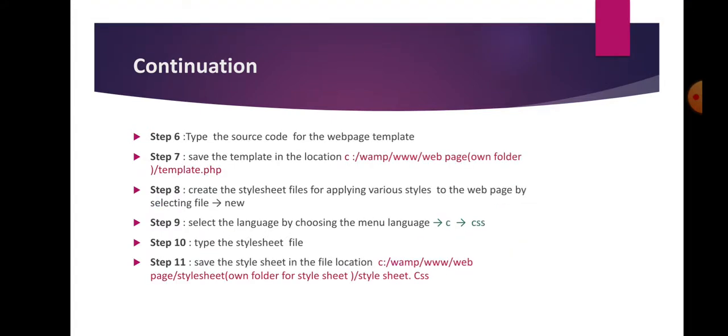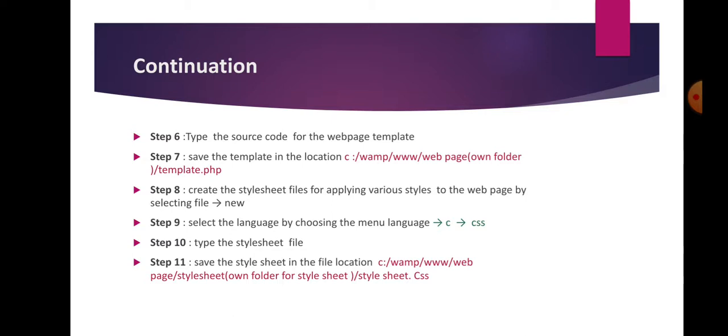Next, key in the template source code same as our index.php. Just save the file in C drive WAMP www. Open your already created web folder and save the template.php file.